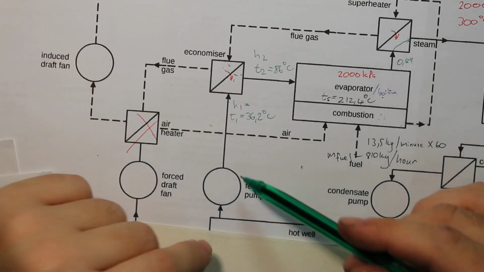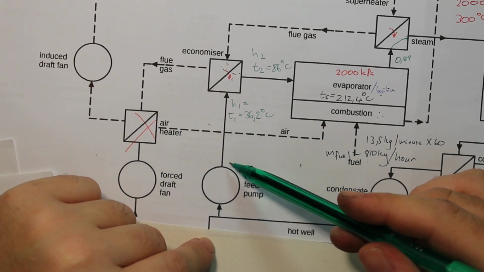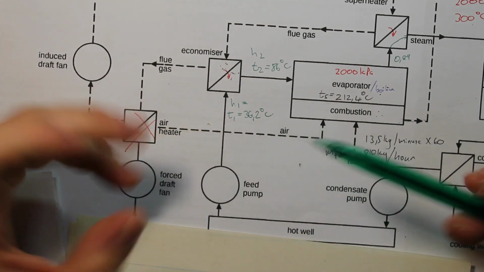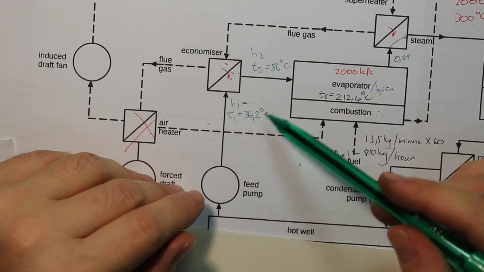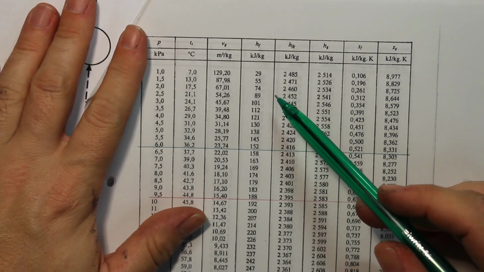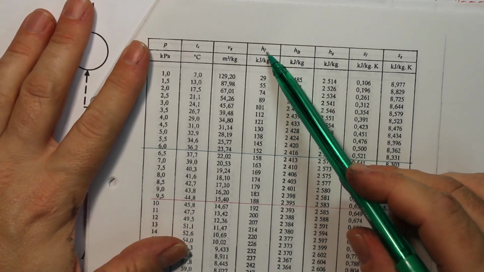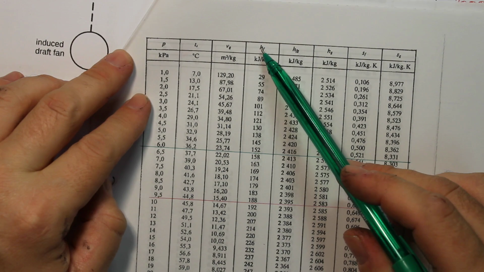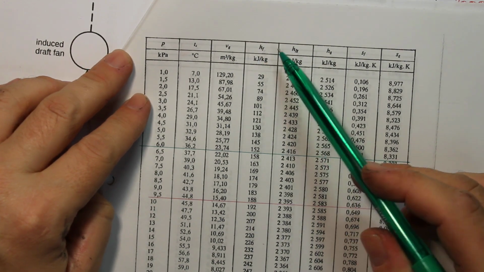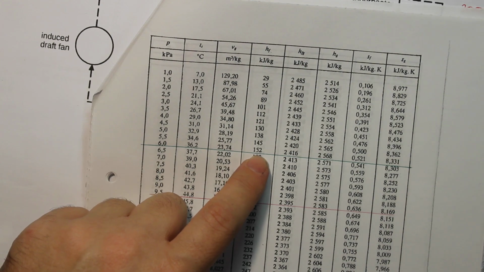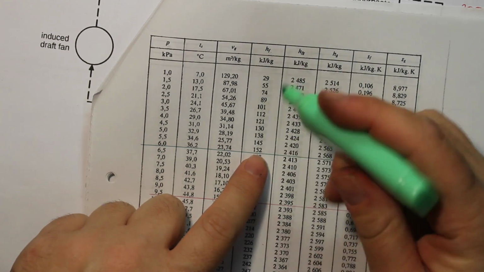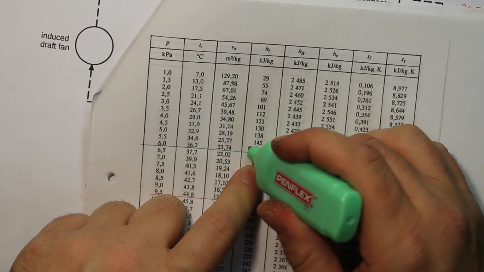Because we pump in water from the hot well, it's just water, because you're not going to be pumping steam. So which column do we read from? We know it's water, so we read from the HF column, because HF stands for enthalpy fluid. That's how I remember it. So we read that value off, and the value is 152.